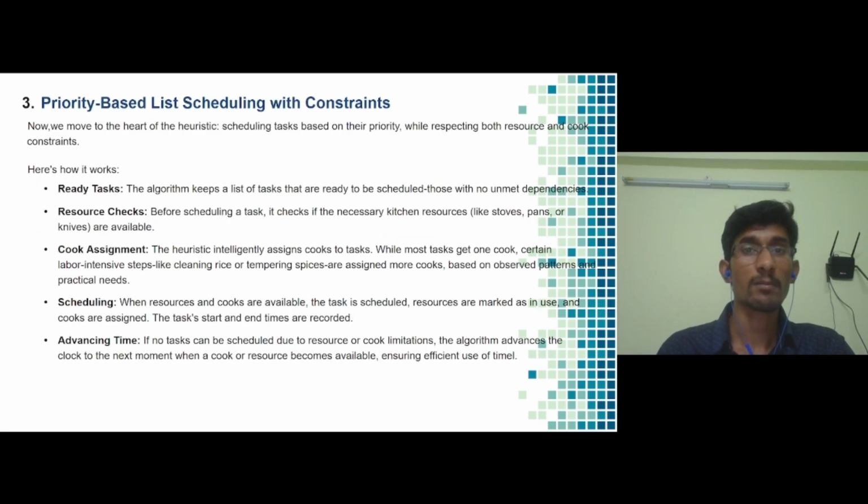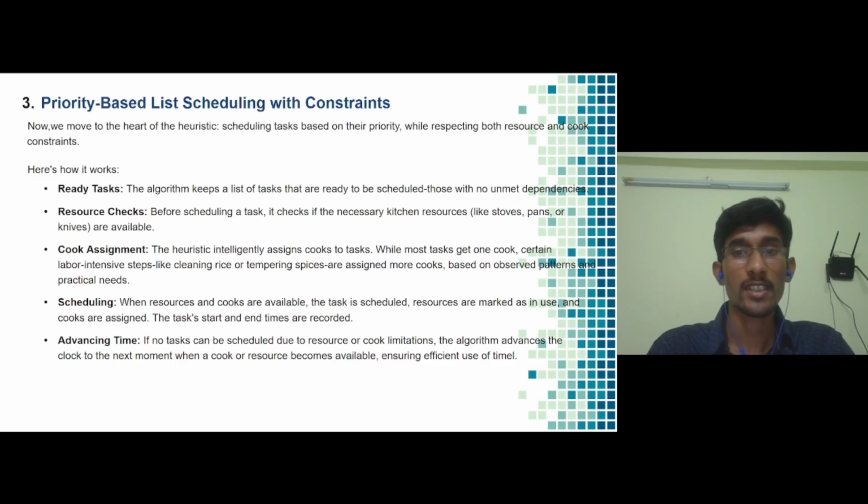The third step involves the priority-based list scheduling with constraints. This is the heart of the heuristic, where we schedule tasks based on priority while respecting both resource and cook constraints. Let's deep dive into how it works. The first is the ready tasks. The algorithm keeps a list of tasks that are ready to be scheduled, those with no unmet dependencies. The second is the resource check.